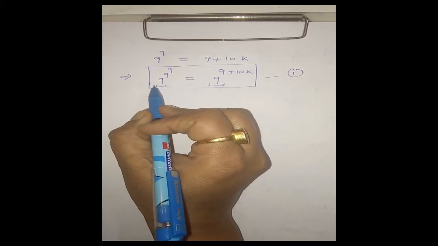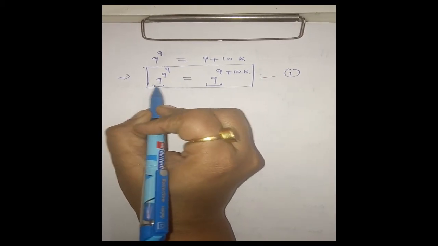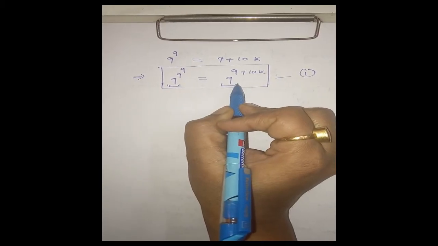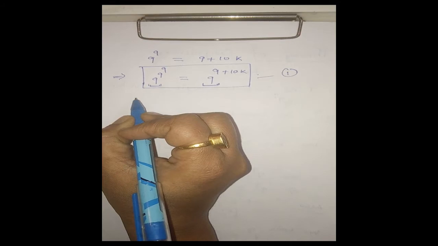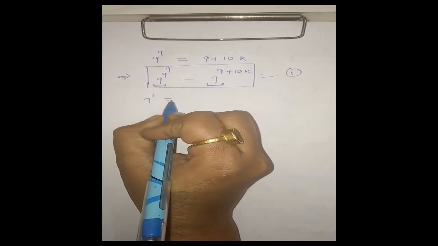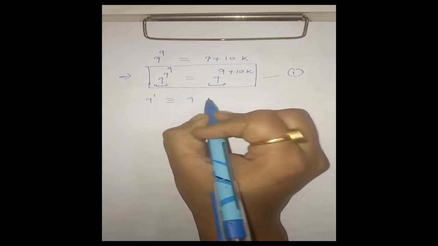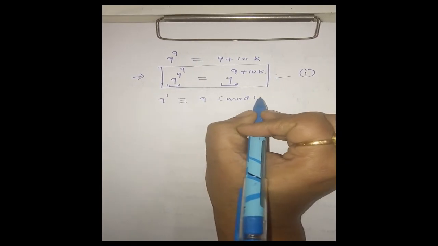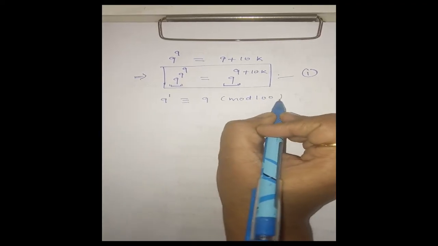Okay. In order to find the last two digits of this, we will now work on this number. Clear? Now we start with 9 power 1. Now 9 power 1 is 9 only, and I can write this congruence, 9 power 1 is congruent to 9 only. Now this is clear.